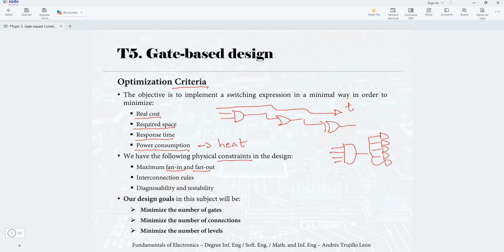We have to respect some interconnection rules. For example, we cannot do this. Imagine that this gate has at its input a 0 and this a 1. You know that 1 is the voltage of the battery and 0 is the ground.